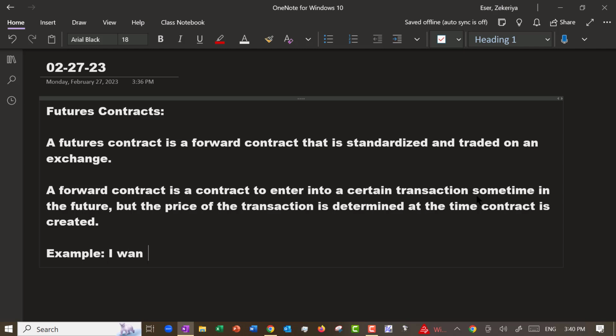Example, I want to buy 1 million British pounds by paying in dollars on February 27, 2024.